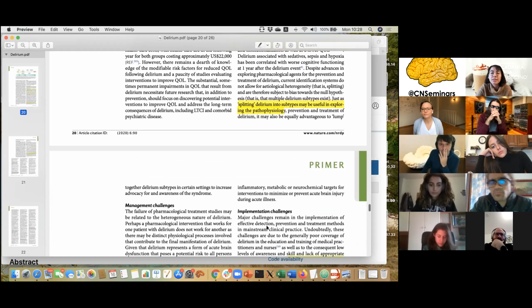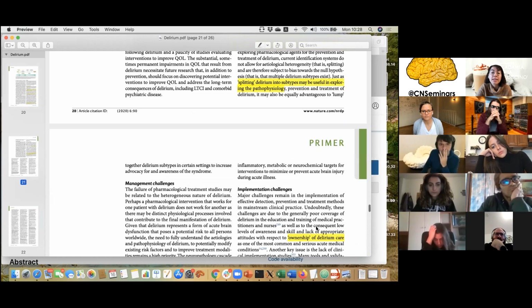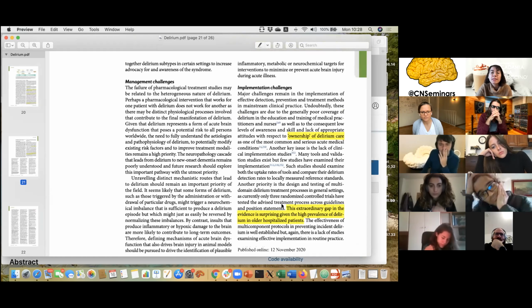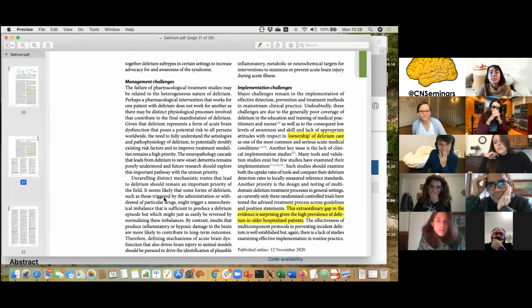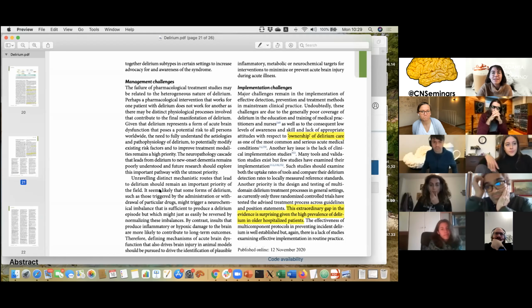And yes, they say that there is this extraordinary gap in the treatment of these patients, and there are a lot of Cochrane reviews about this disease that is so common. So I will stop sharing. I tried to be fast.